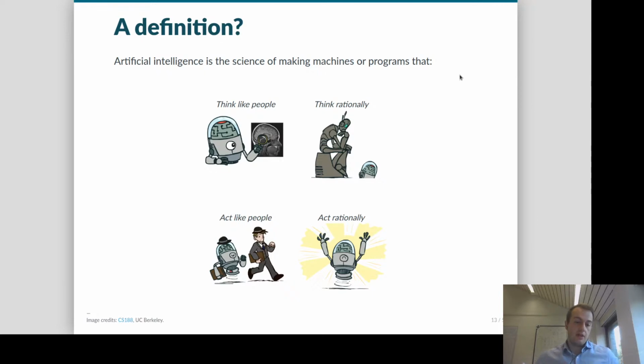Okay, but still, I think we need some kind of working definition of artificial intelligence for this course. If you open the textbook that I was talking about earlier, they actually gave 4 different definitions. We'll go through each of them, and then we'll pick the one that we will make use of during this course.